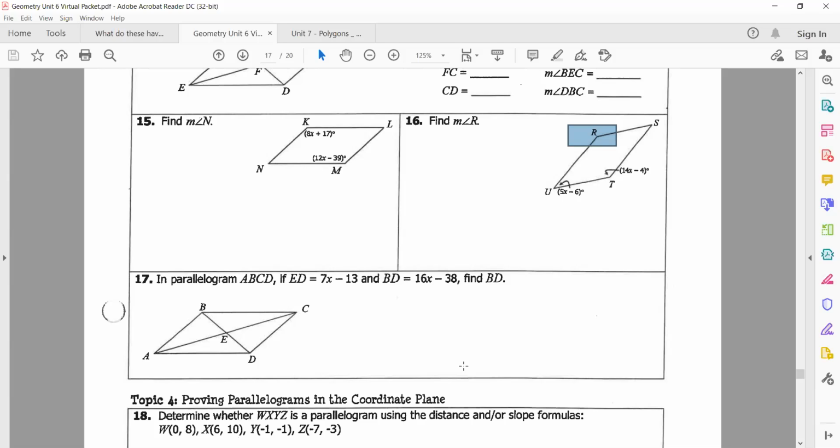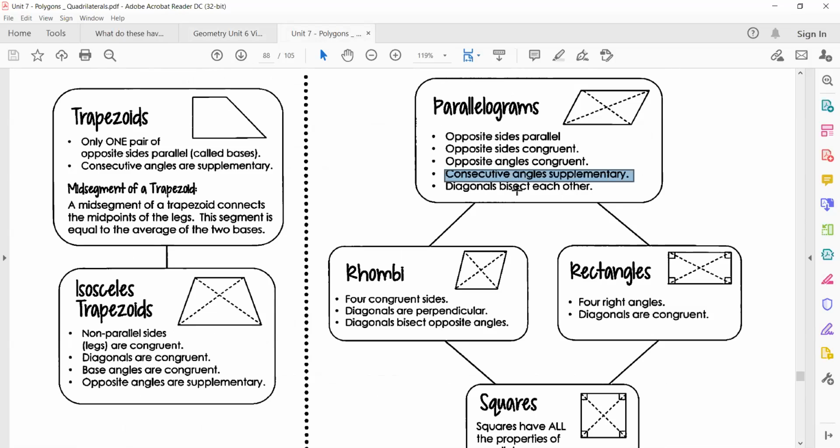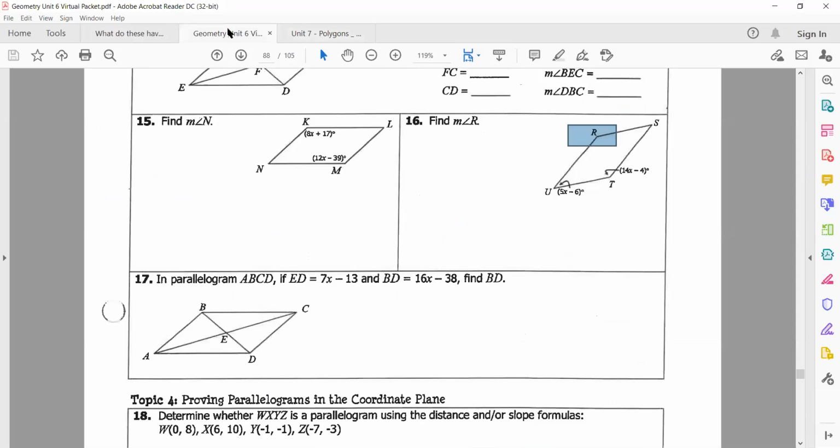What are you going to do to set that one up? Well, I mentioned it already. ED is half of BD because diagonals bisect each other according to the properties for parallelograms. So if I take this one, ED, and multiply that times 2, that should equal BD, wouldn't it?